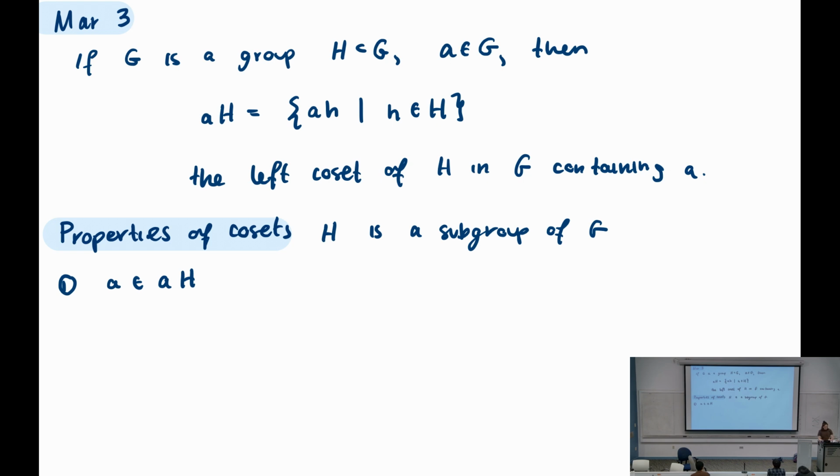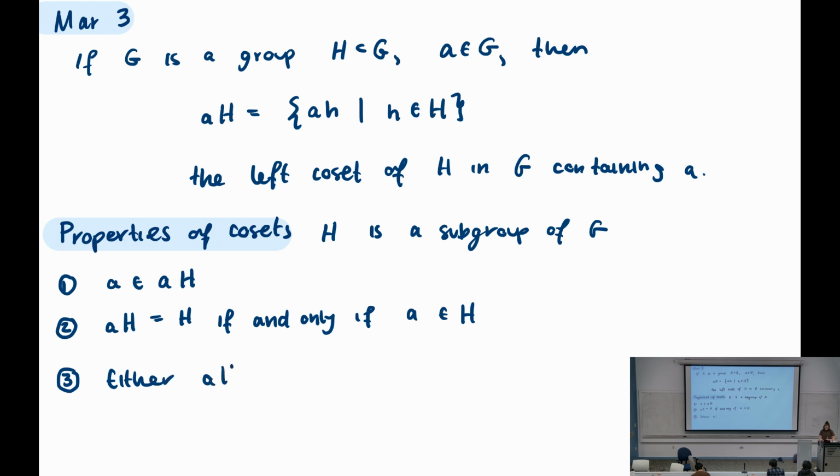And I'm going to give you three more properties. The second one is that AH is equal to H if and only if A is contained in H. The third one is that either AH is equal to BH for some other B in G, or they are disjoint.